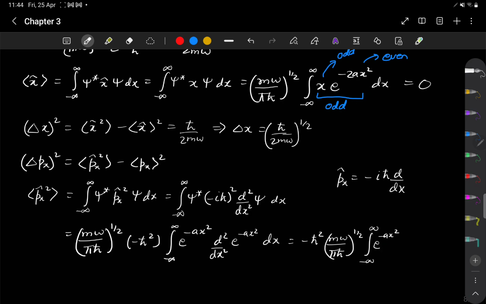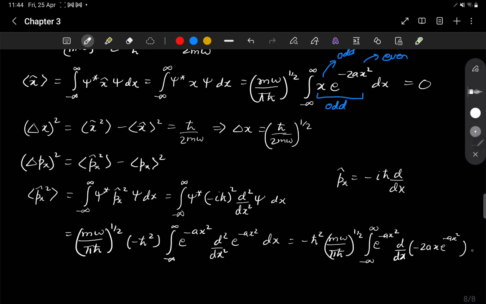Now let's do the derivative. So we'll first take the first derivative. So the first derivative is, making use of the chain rule.